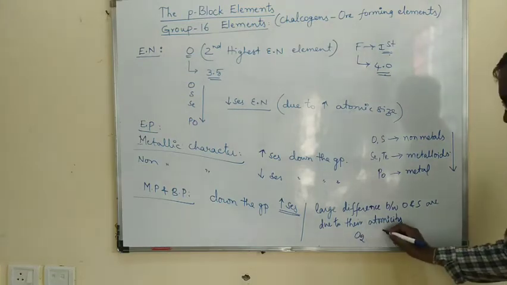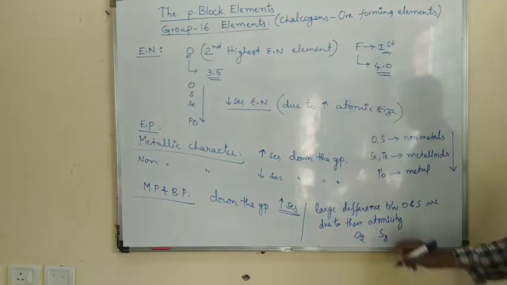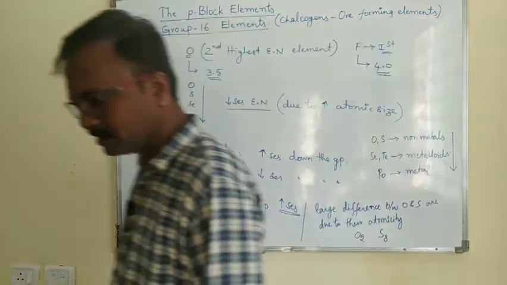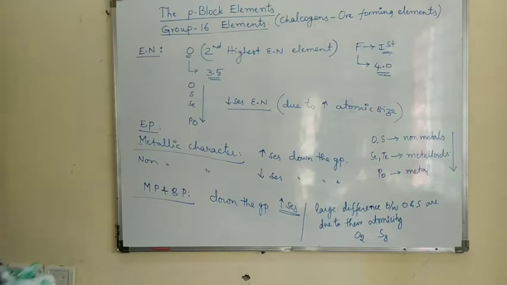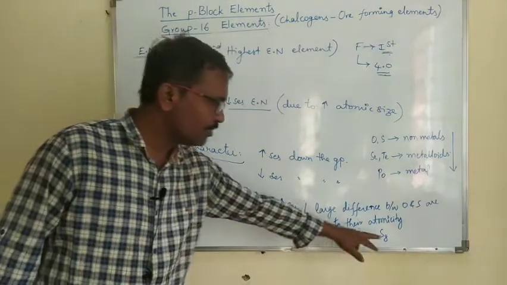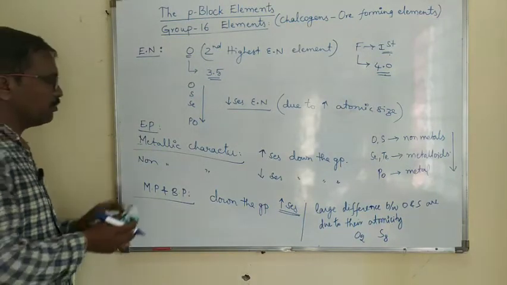Sulfur exists in the form of polyatomic S8. Right? Oxygen is O2, sulfur is S8. So it is diatomic, and it is polyatomic. You have studied oxygen and sulfur in the 10th class. Sulfur is a crown-shaped molecule.